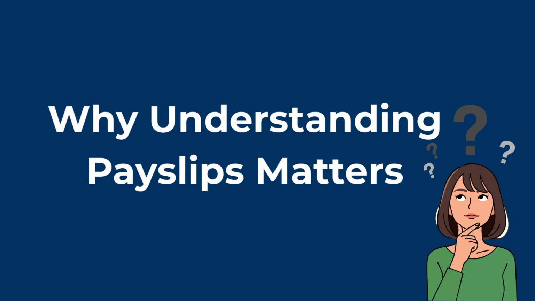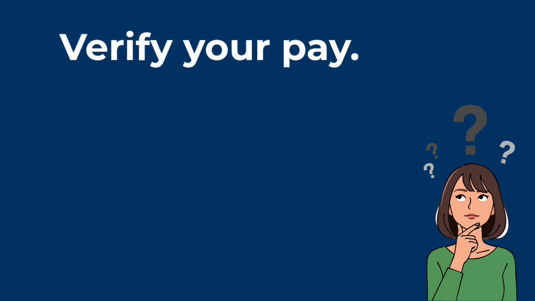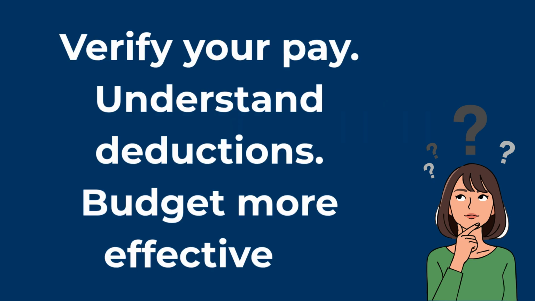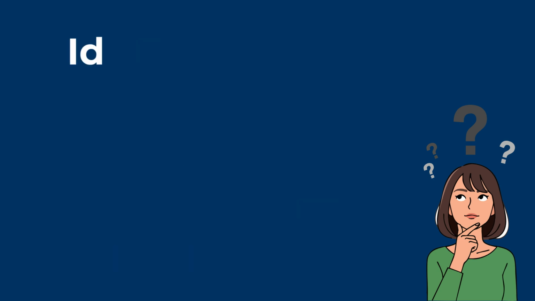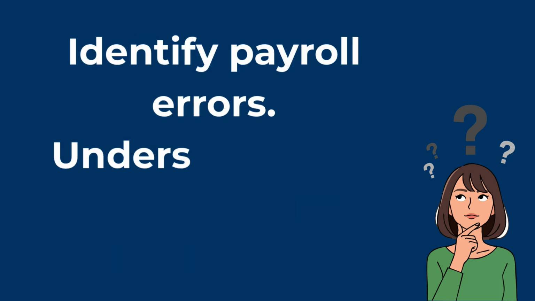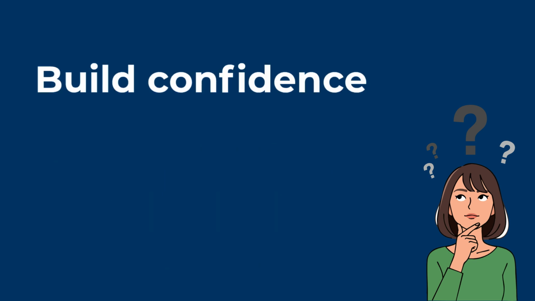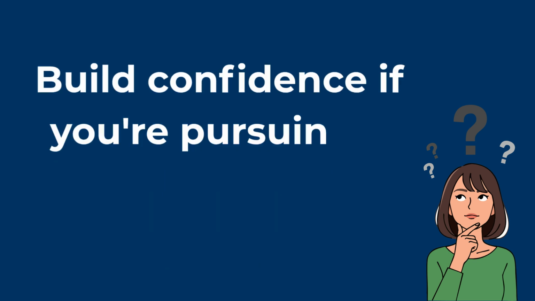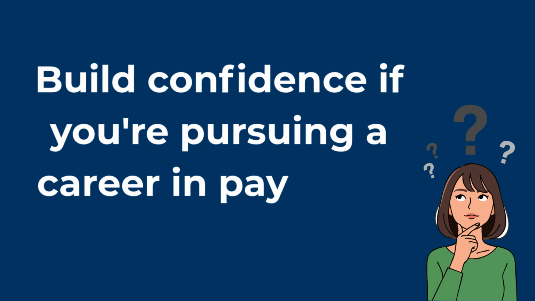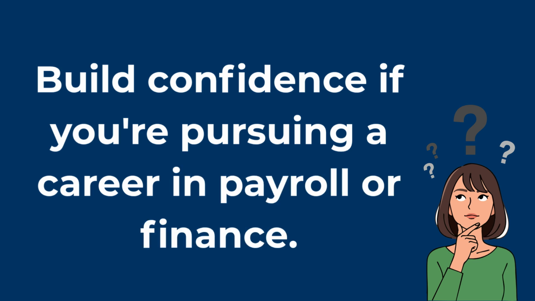Knowing how to read a payslip helps you verify your pay, understand deductions, budget more effectively, identify errors, understand how payroll calculations work, and build confidence if you are pursuing a career in payroll or finance. It's a practical skill that benefits every employee.